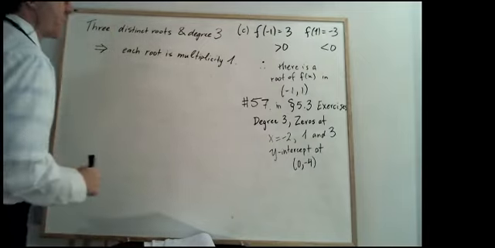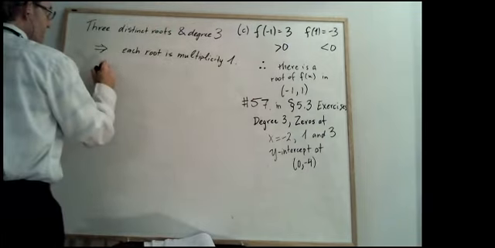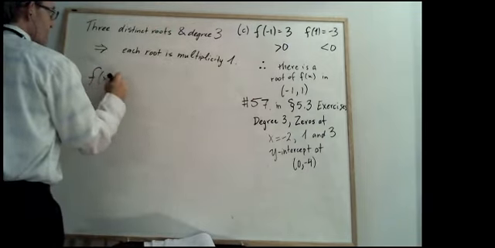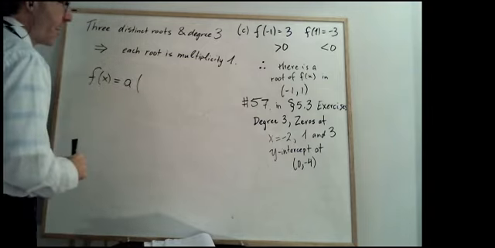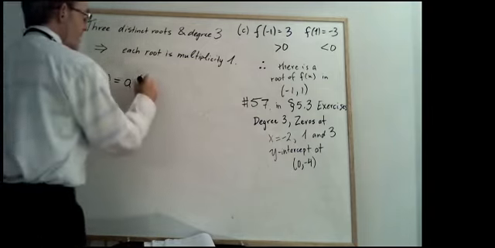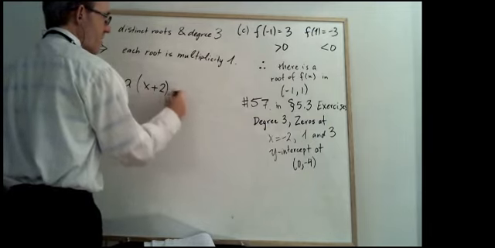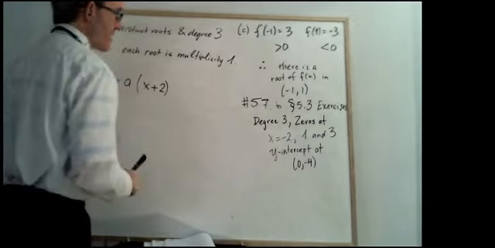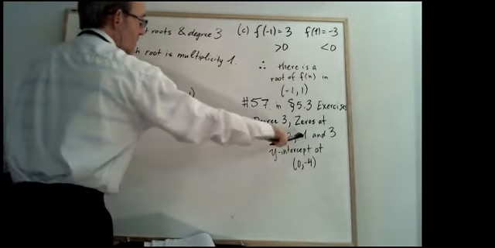Alright? So we have the following function, f of x. There's some overall factor a, which is not yet determined. And I write down the root factors corresponding to each root. So x plus 2, that's going to give me a root at x equals minus 2. x minus 1, that's going to give me a root at 1.